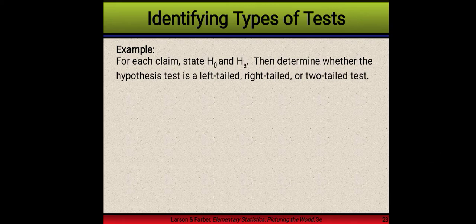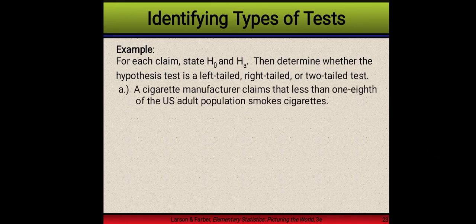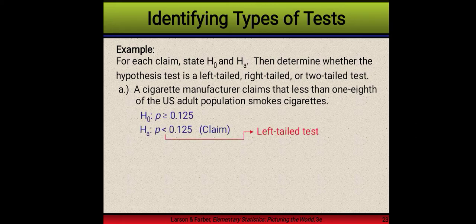Example, a cigarette manufacturer claims that less than 1/8 of the U.S. adult population smokes cigarettes, wherein the null hypothesis is P is not less than 0.125, and the alternative hypothesis is probability less than 0.125, which is the claim, a left-tailed test.